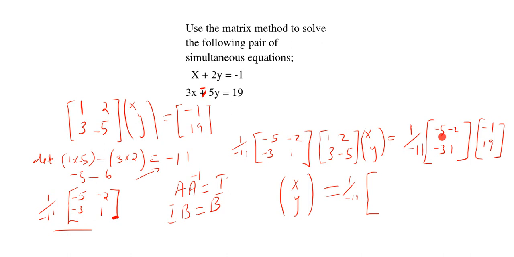So we have negative 5 times negative 1. We get positive 5. Then we take negative 2 times 19. So we get minus 38.